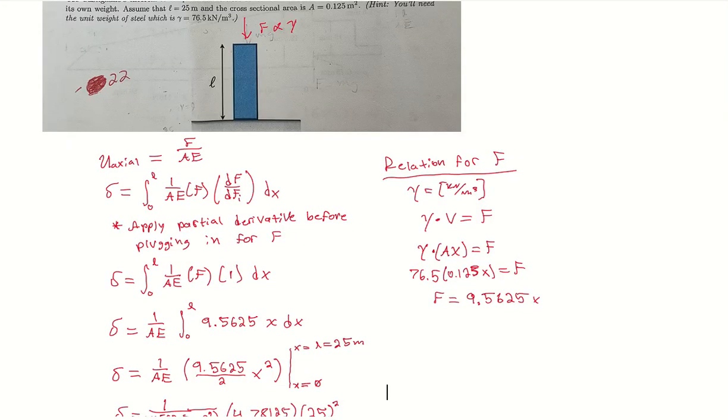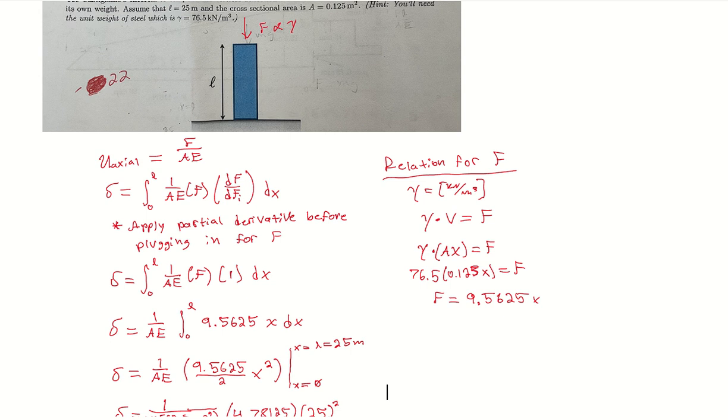To solve for a relation for F, it is important to do a unit analysis in order to find a relation for just F in kilonewtons. Since it is kilonewtons per meters cubed, if we multiply by a volume, we will then have a force.